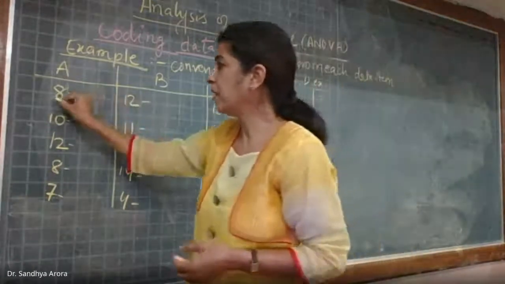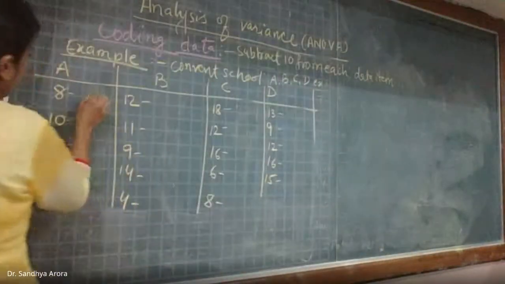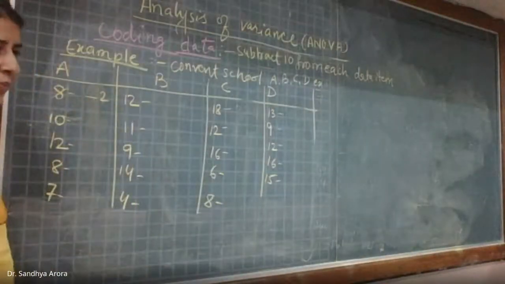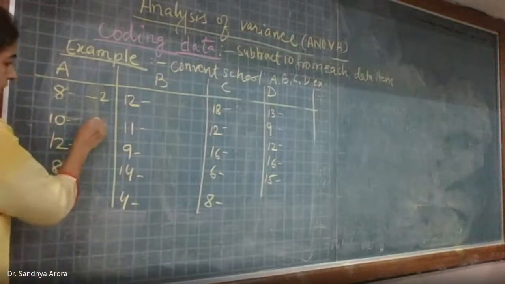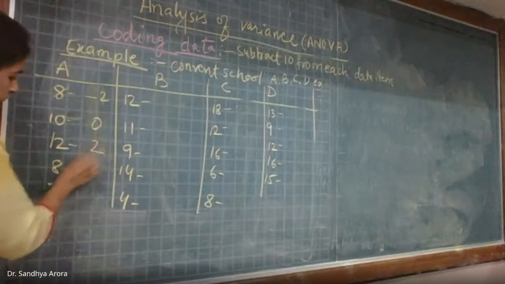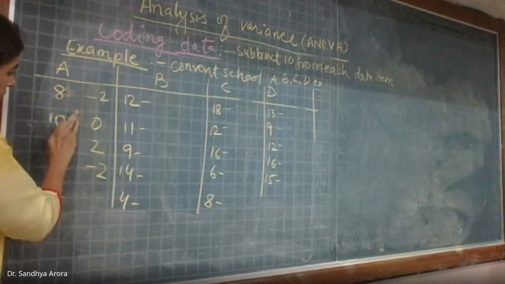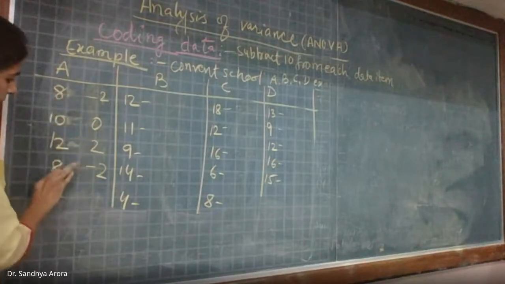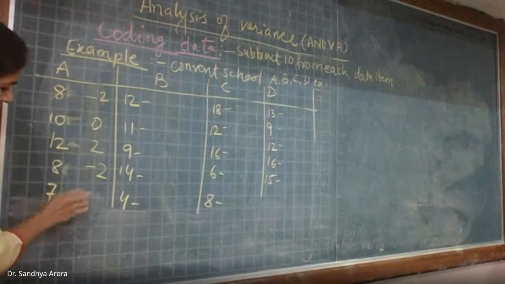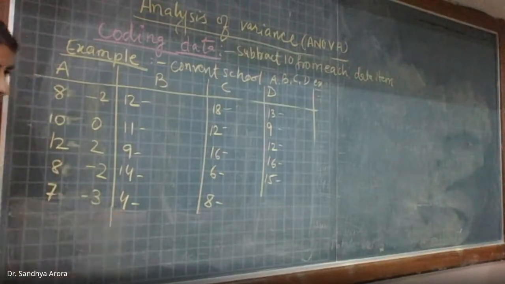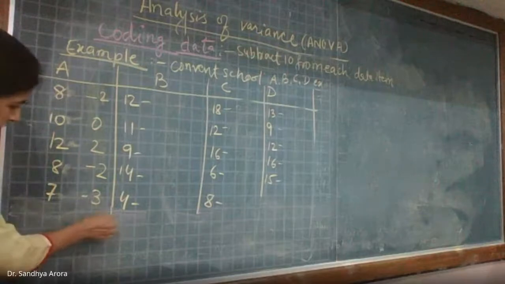So if you subtract 10 from 8, what you will get is -2. 10 minus 10 is 0, 12 minus 10 is 2, 8 minus 10 is -2, 7 minus 10 is -3. Do the addition of this and this.